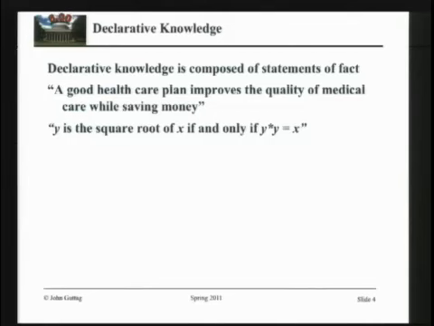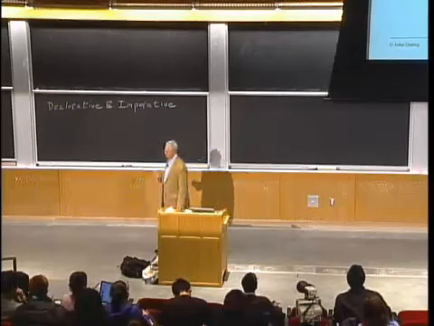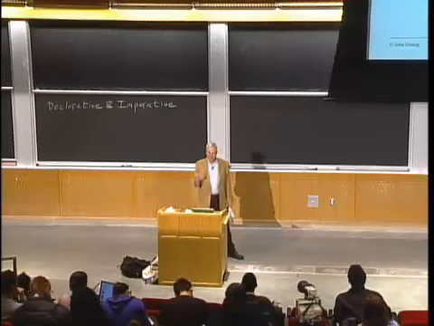For example, a good health care plan improves the quality of medical care while saving money. As we know from doings in Washington, it's a lot easier to state that goal than to know how to achieve that goal. So the key thing about declarative knowledge is it says something that is true, otherwise it wouldn't be knowledge, it would be misinformation, but doesn't tell you how to do it.